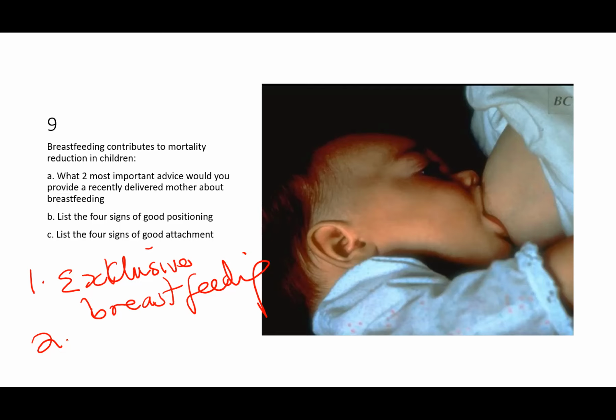When the child cries, breastfeed the child. Don't say, no, it's not lunch time. You are going to starve the child and the child will have malnutrition. So encourage her to breastfeed on demand. And how does a child demand? By crying. That is their means of communication.